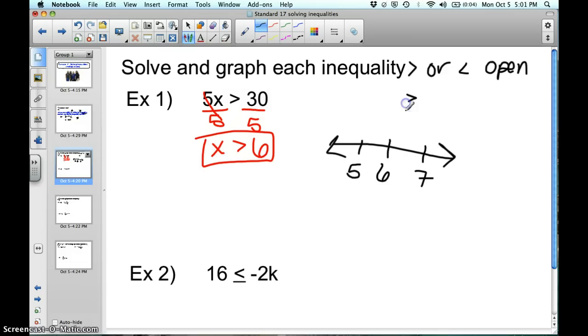And if I have greater than or equal to or less than or equal to, I have a closed circle. So in this example, since it's just a greater than symbol, I know I'm going to have an open circle. And since it's greater than, I'm going to shade to the right. So my solution x is greater than 6 means that any number larger than 6 could be a solution for this inequality. So 7 could be a solution, 8, 9, 10, and so on.